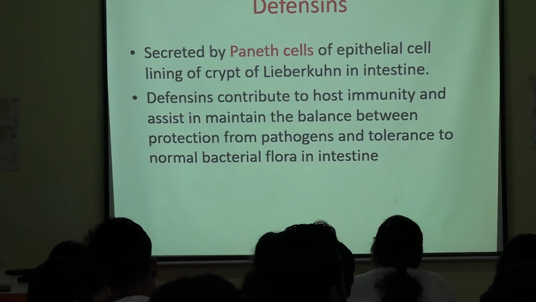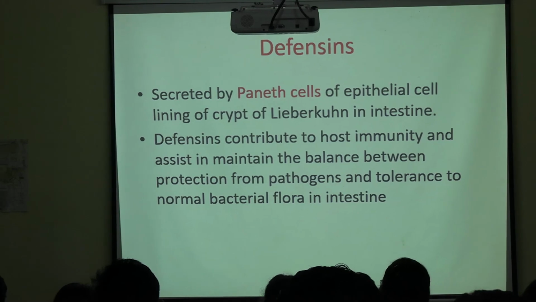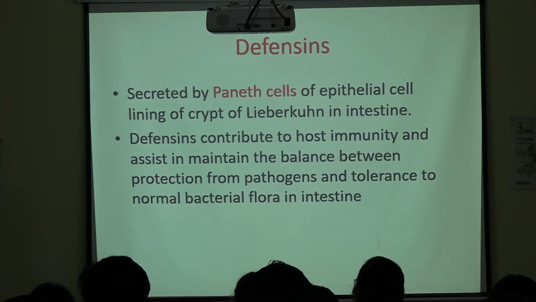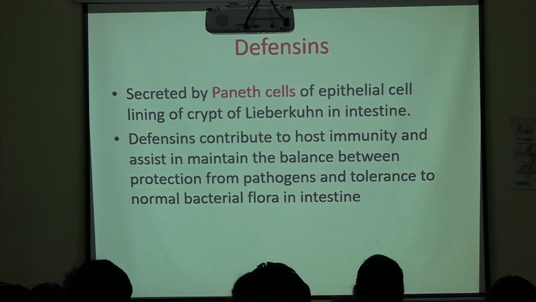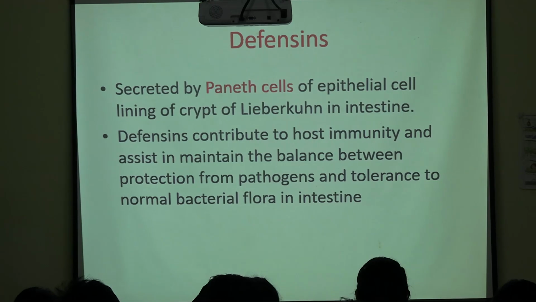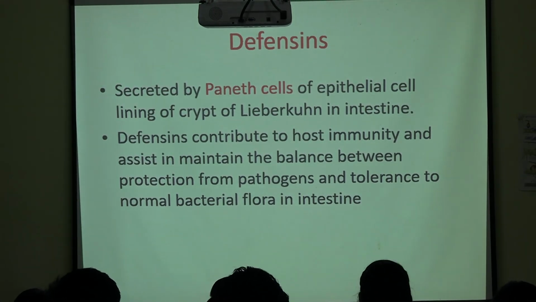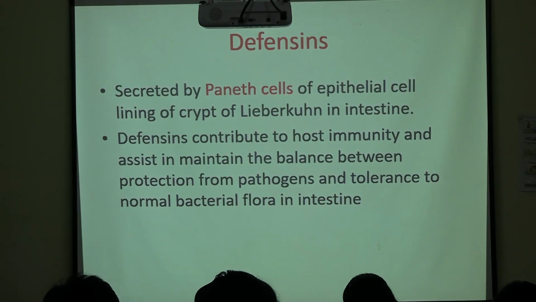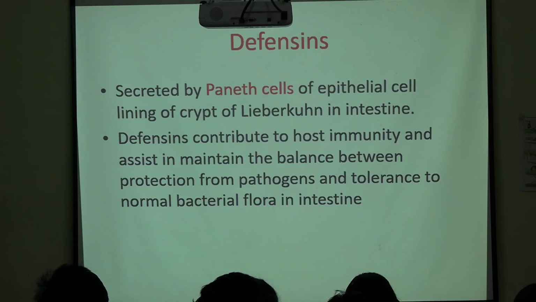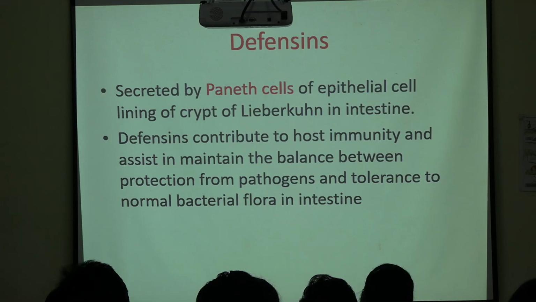Defensins are secreted by Paneth cells. Right? Paneth cells. I will place short questions and MCQs, or we will ask, name the cells that secrete defensin, and the function of defensin is this, which one is correct?